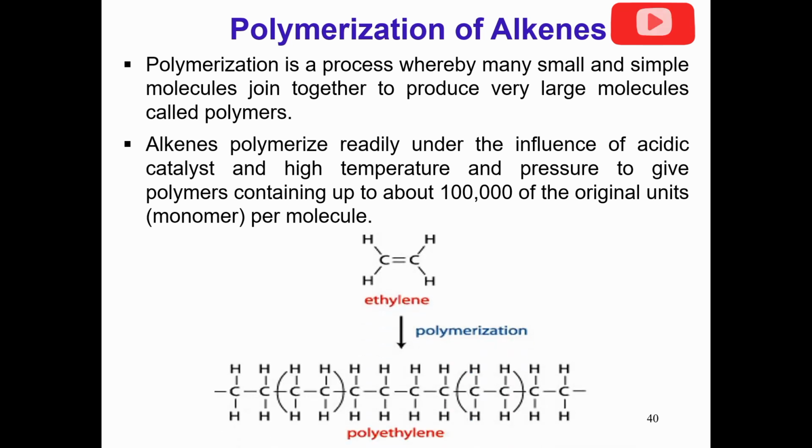An example is ethylene. Under polymerization it is going to form polyethylene. So this polyethylene can go as far as hundreds of thousands of the original unit. It means that hundreds of thousands of ethylene can be used in forming a polymer called polyethylene. That's why we have low density and high density polyethylene.